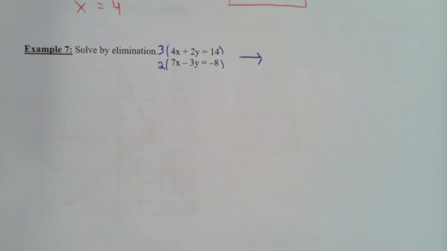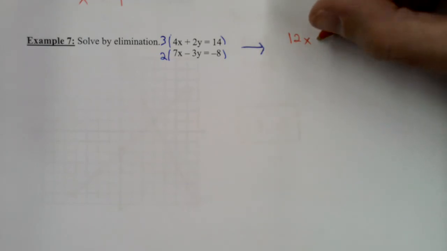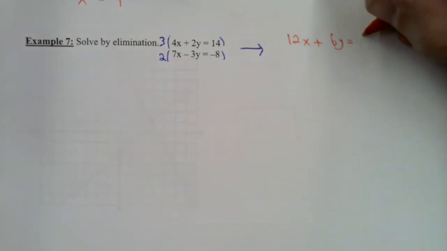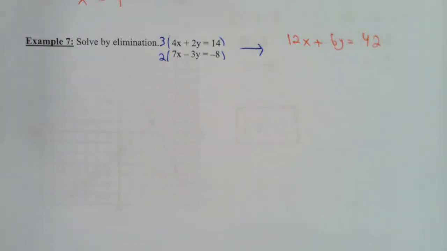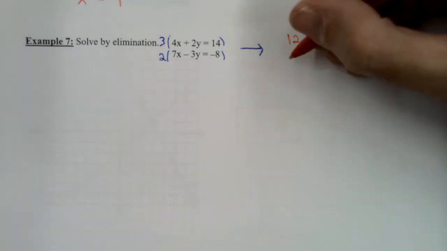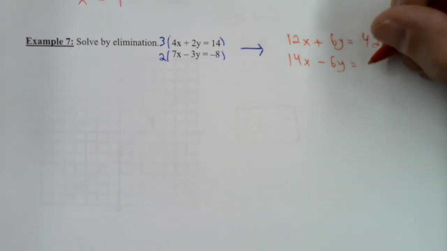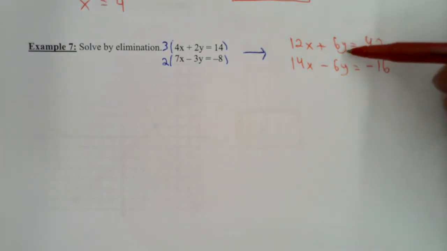That's going to give me, the top equation is going to be 12x plus 6y equals, not 14, 42, because you have to do 3 times 14. The bottom equation is going to become 14x minus 6y equals negative 16. And now you'll see why I did that, because now I have opposite coefficients for the y's.